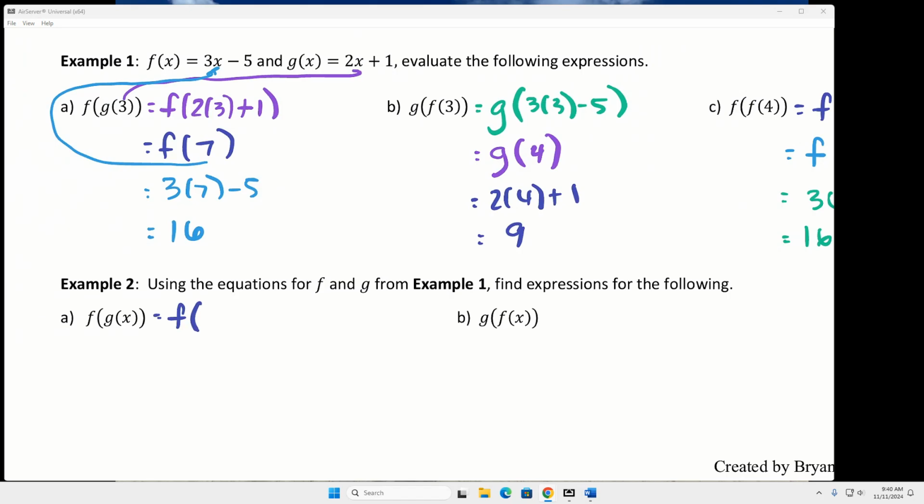So if I'm finding f of g of x, I would take what g of x is and put it in my parentheses. And then I would just take that and put it in for x in f. So that means I'm going to multiply it by 3. And then subtract 5 from it.